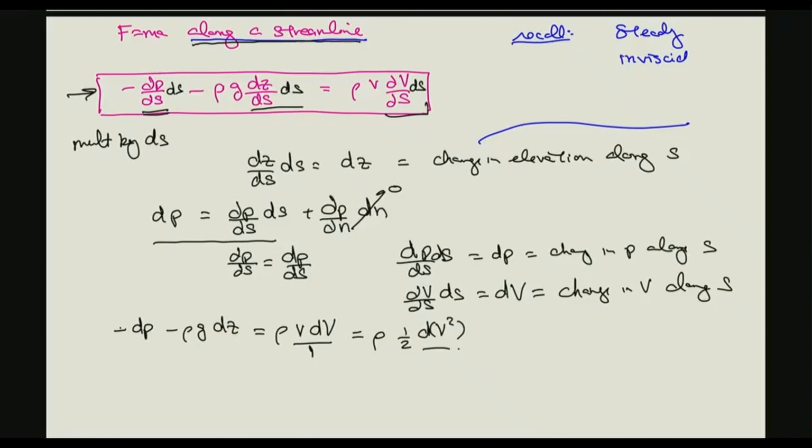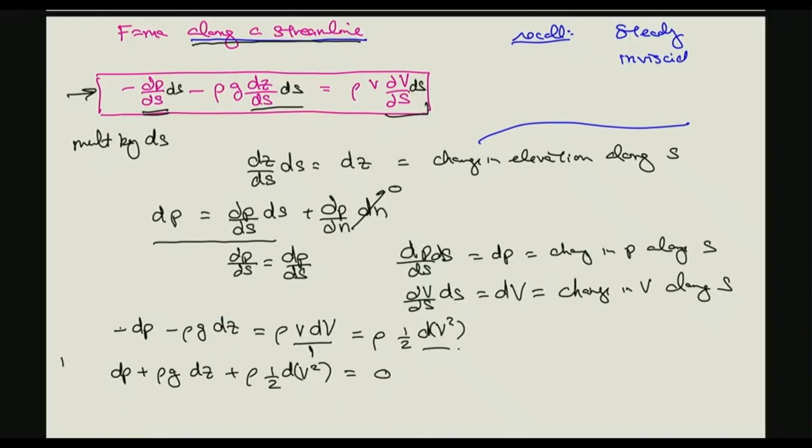Okay, so then we have our equation which describes the changes in these quantities, and we can take the integral. Now, of course, let's put everything on one side so that everything is positive. Rho g dz plus rho 1/2 dv squared is equal to 0.